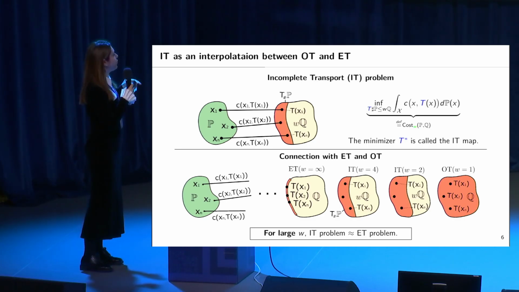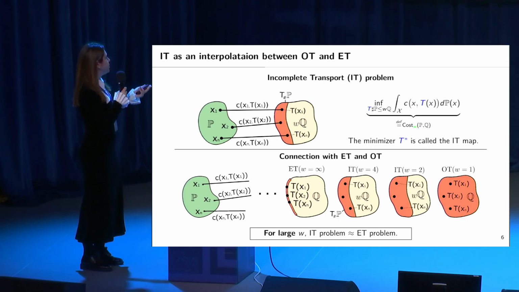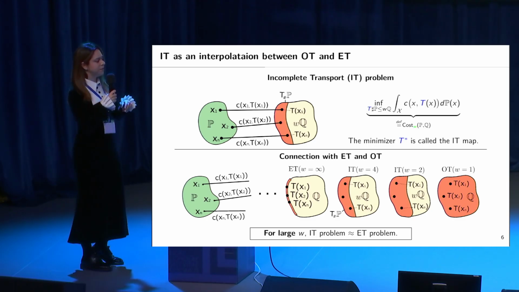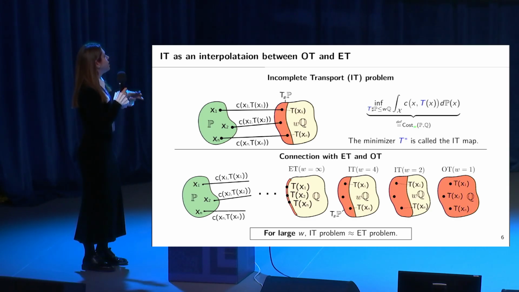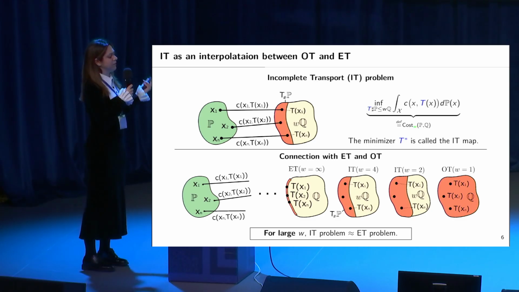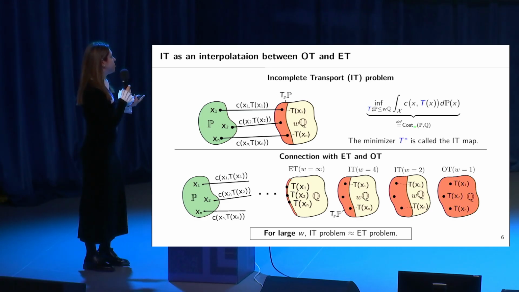Indeed, if we consider the weight v equal to 1, we obtain the optimal transport formulation, and when we increase v and tend v to infinity, we get the extremal transport problem. So we can solve the incomplete transport problem for sufficiently large v, and the obtained incomplete transport maps can be used as an approximation of extremal transport ones.